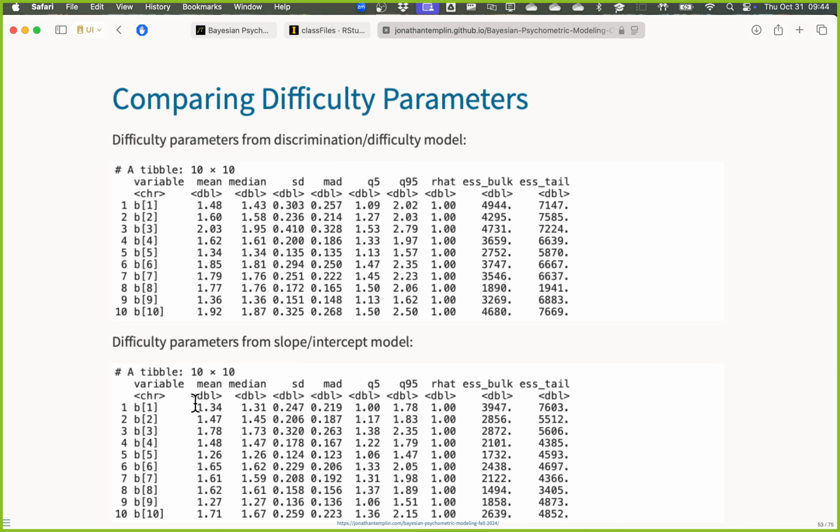But if I estimated the slope-intercept model and then used generated quantities to estimate my B parameter, it's 1.34, right? Not only that, the posterior standard deviation is much smaller in my slope-intercept model than it is in my discrimination difficulty model. And our range for where our credible interval happens to be is also smaller. So you can see there's some sizable differences potentially.